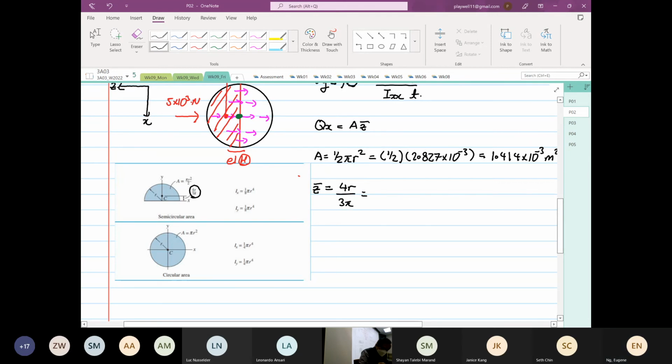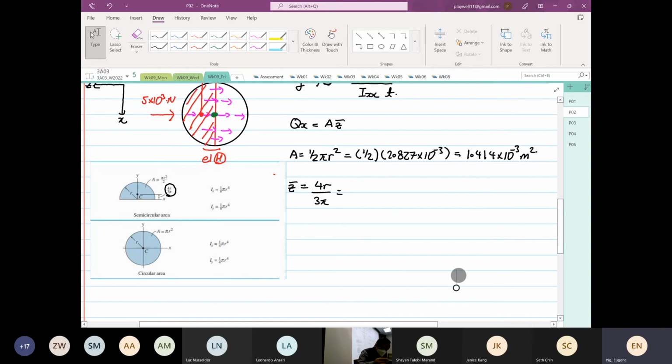In fact, there's an easy way of doing this. 4 multiplied by radius divided by 3 pi. So 4 times 0.03 divided by 3 pi is equal to 12.733 times 10 to the power minus 3 meters.